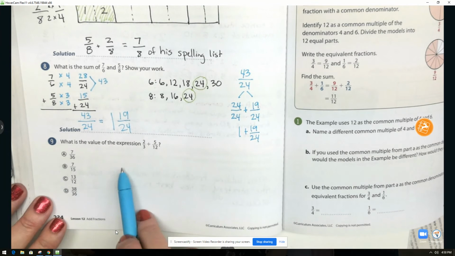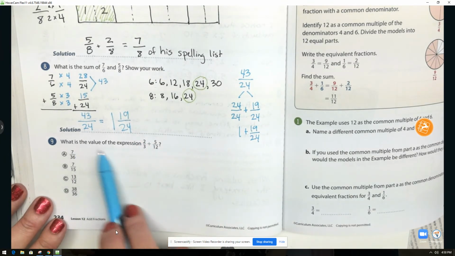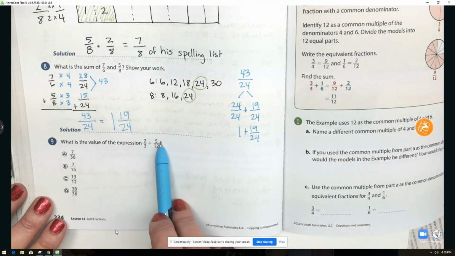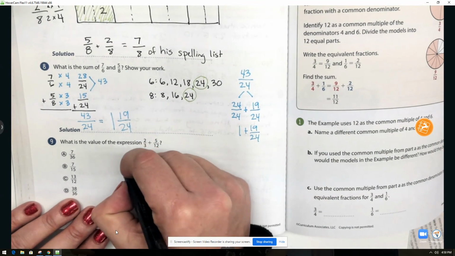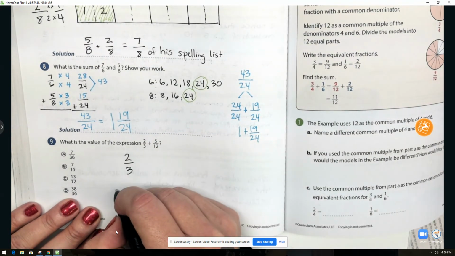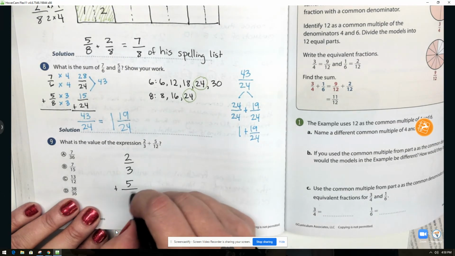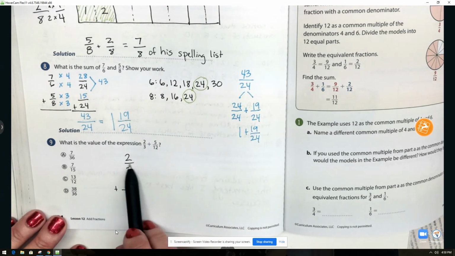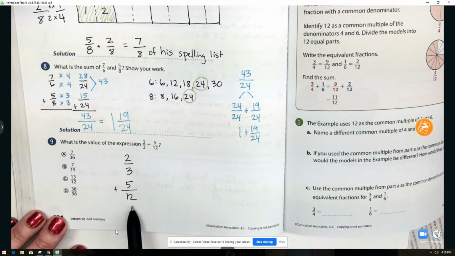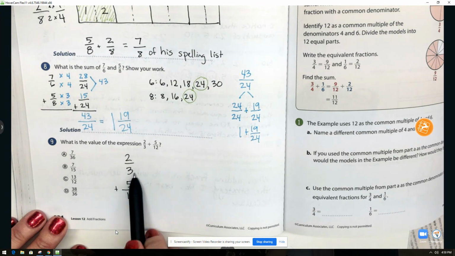All right, we'll add 2/3 and 5/12 using the equation method again. So we write it in sandwich formation, 2/3 plus 5/12. Now remember, I told you I like to look at the lesser denominator and see if the greater or larger denominator is a multiple of 3.